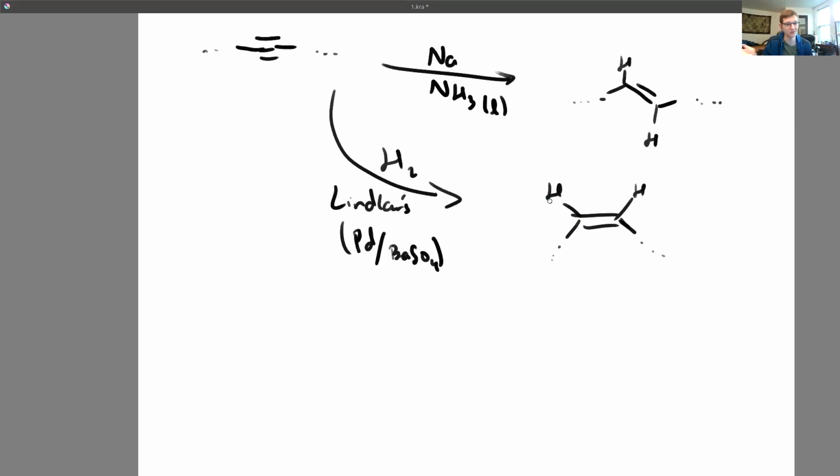It's not as favorable, so it doesn't happen. And so this works really well. You don't have to write palladium and barium sulfate every time. In my experience, they just take it if you write Lindlar's. You could just write Lindlar's catalyst, and that's been totally fine.